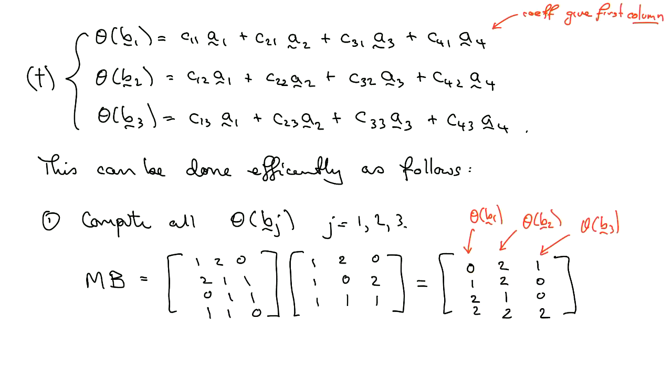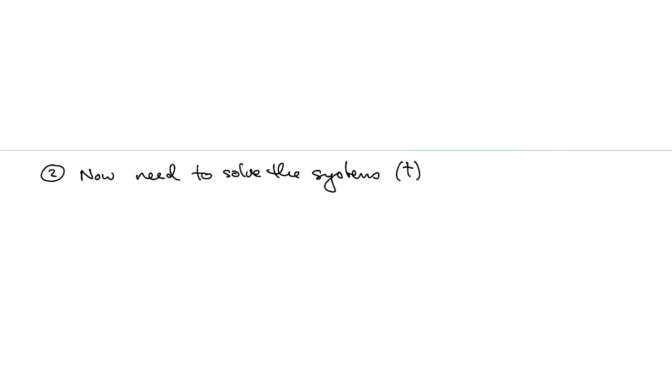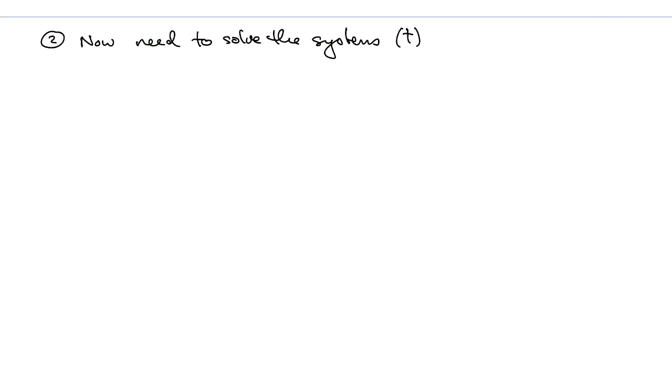I've just computed all of these, where's it gone? Up here. I've just computed these three vectors, so now I have to find these linear combinations. So that's another matrix calculation. So really there's three systems to solve. But we can do it all at once.